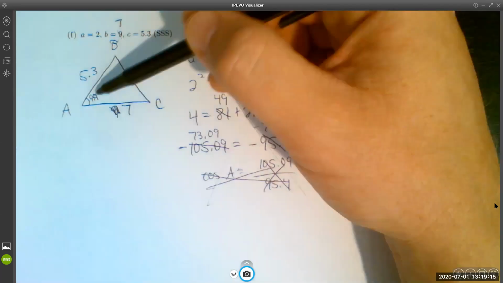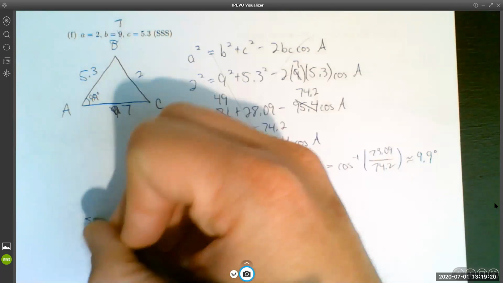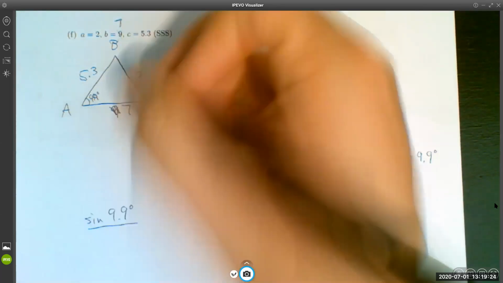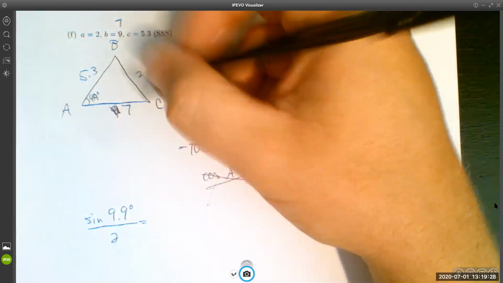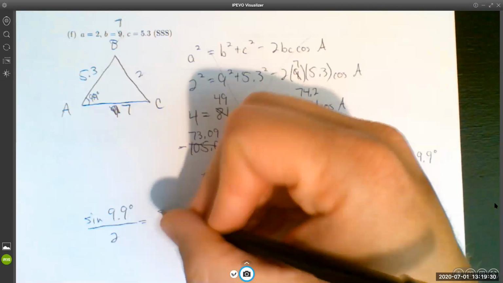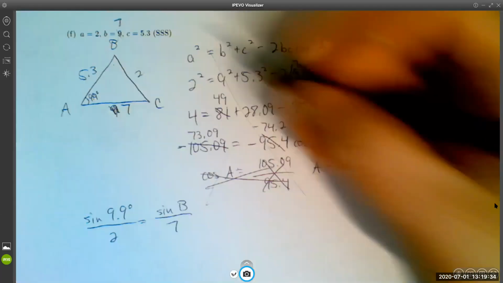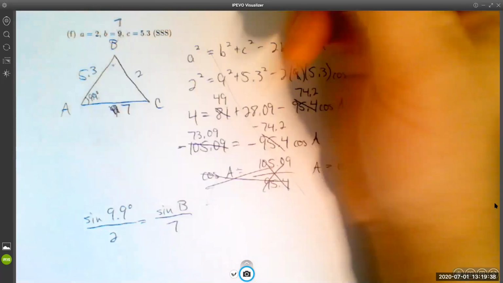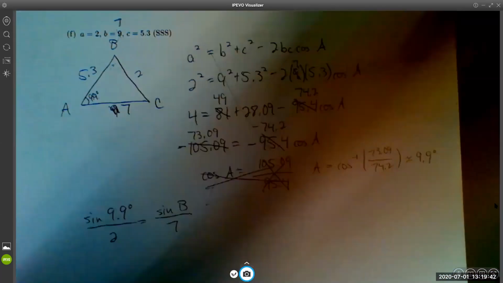So I would say sine 9.9 degrees over 2 equals sine B over 7, right? And then you can solve for angle B. Once you've solved for angle B, then you can subtract 180 minus this minus that to get angle C, and then you're done.